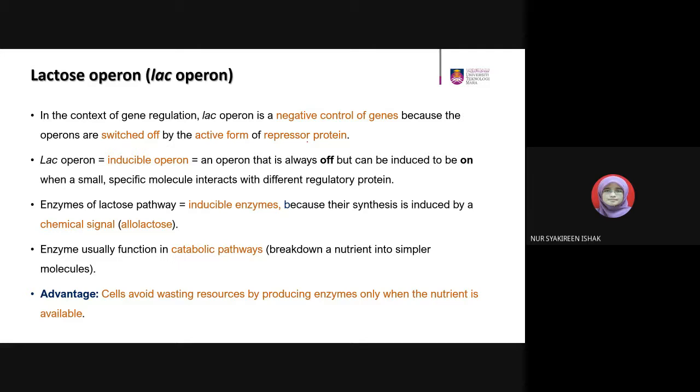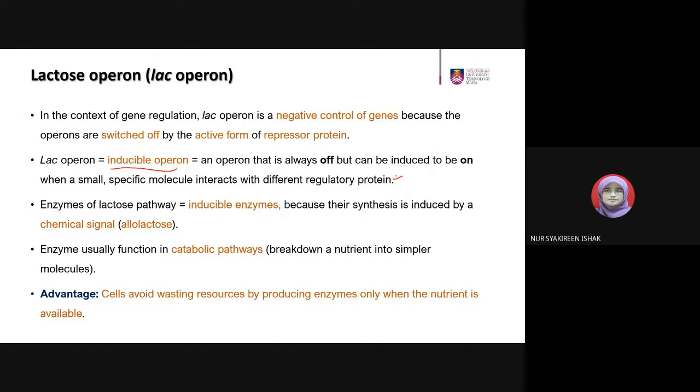So lac operon is an inducible operon. It needs an inducer. Inducer in this case adalah allolactose, which is an isomer of lactose. An inducible operon is an operon that is always off but can be induced to be on when a small and specific molecule interacts with a regulatory protein.